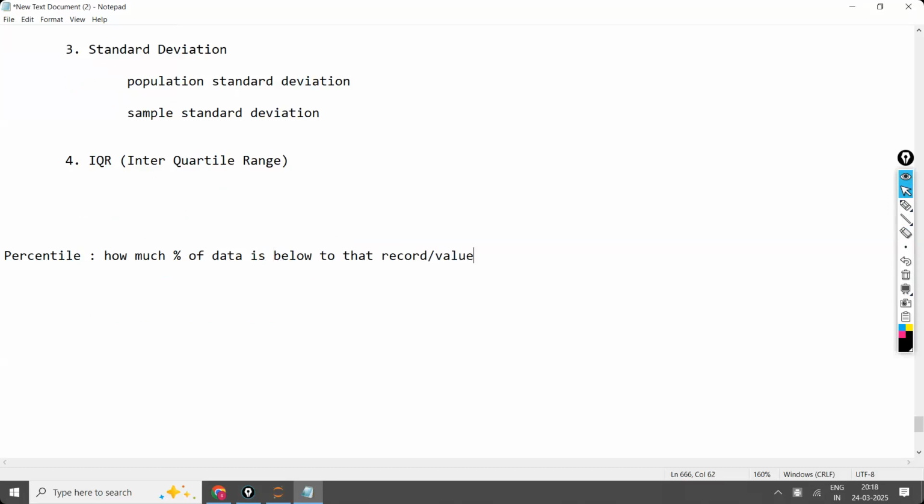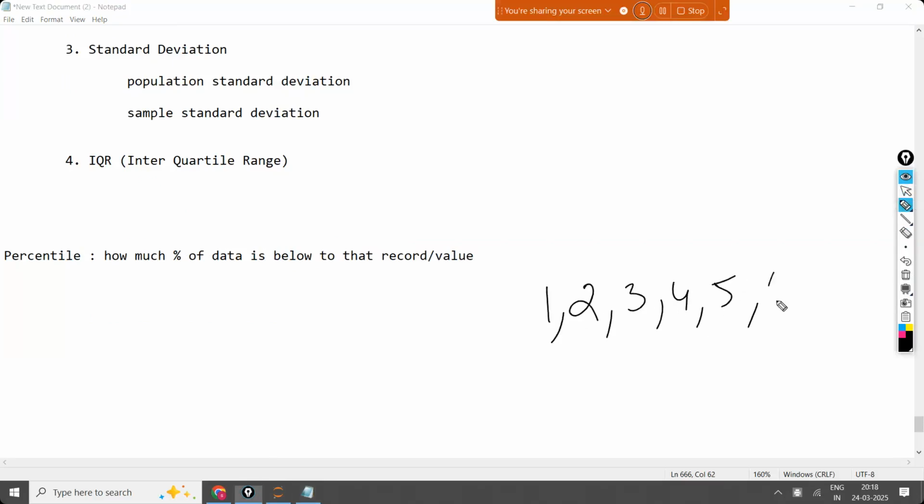That is called percentile. Is that clear?